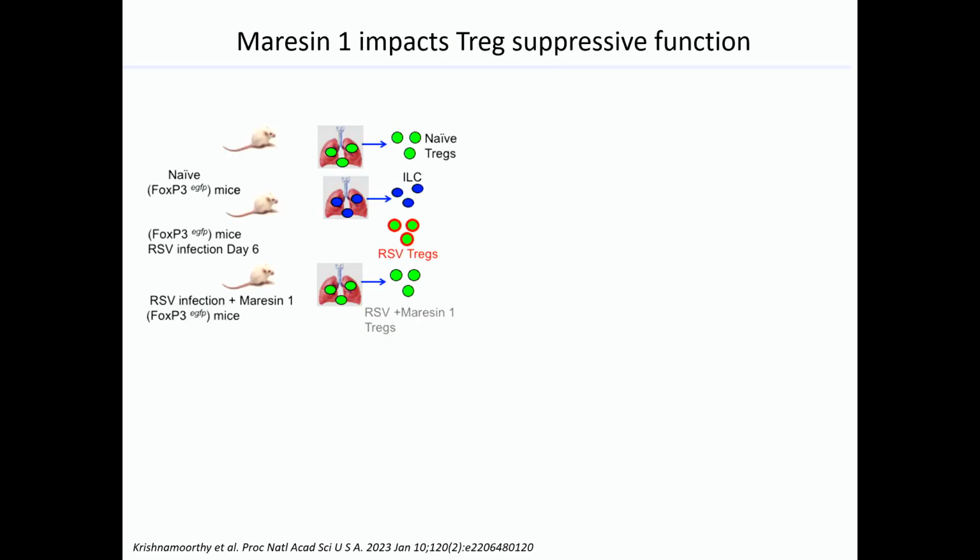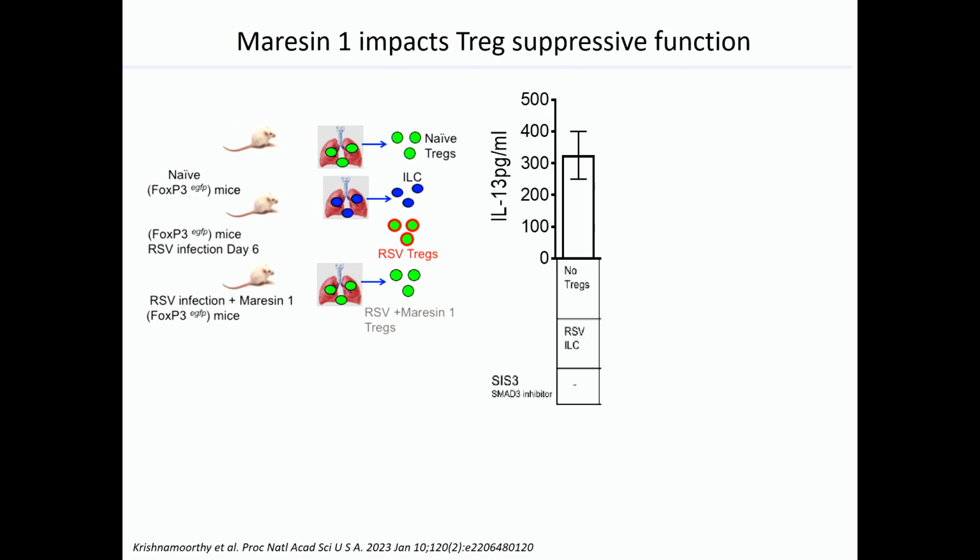So this caught our eye, and we did a reductive experiment where we took cells, naive Tregs from healthy mice, innate lymphoid cells and Tregs from RSV-infected mice at day 6. And in those animals who received Maresin-1 in vivo, we took their Tregs out as well.